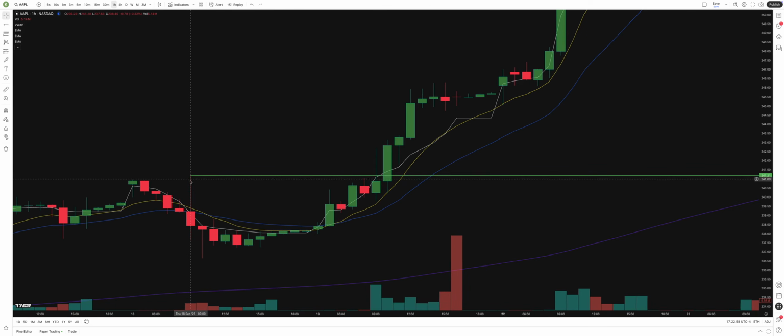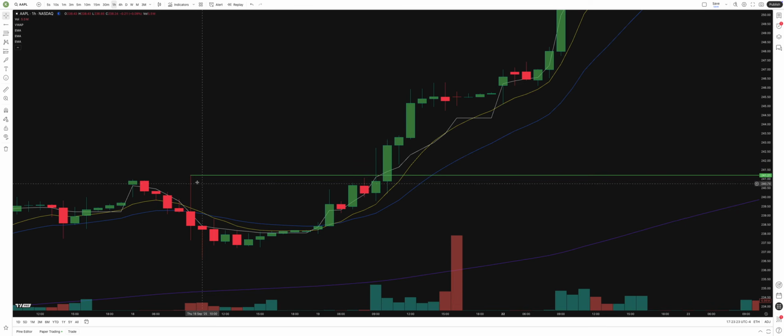What we see is that price sold off, rallied back, sold off, rallied, sold off, broke that level, rejected, closed here. So we opened here, broke that level, rejected and closed. We opened again and broke it again significantly, and then we closed much higher.